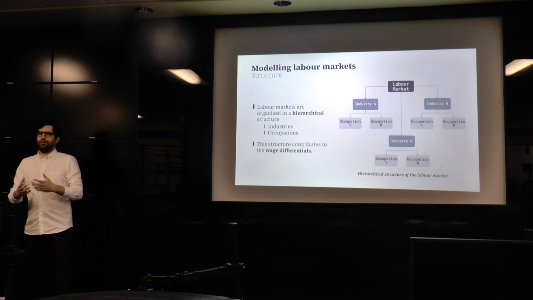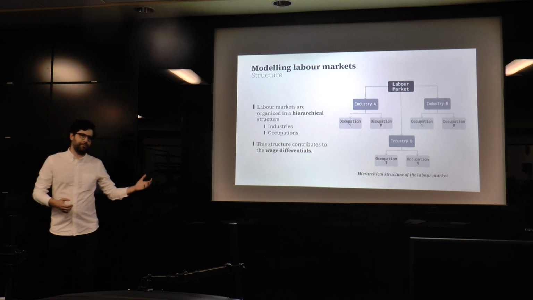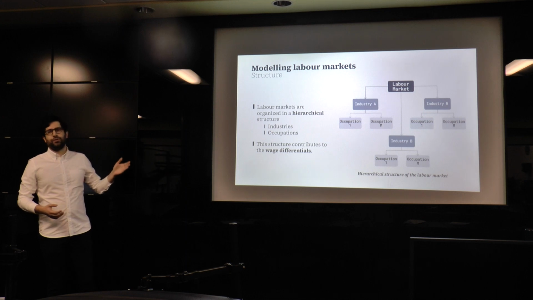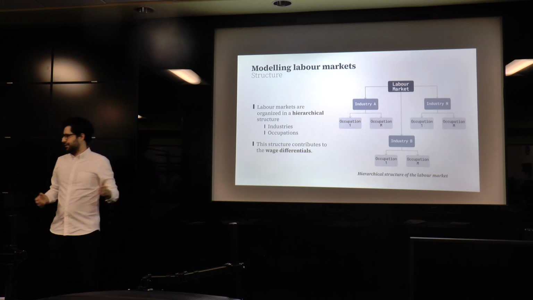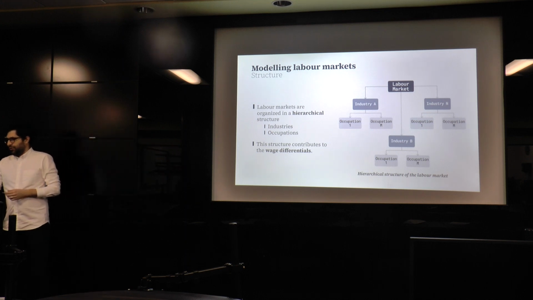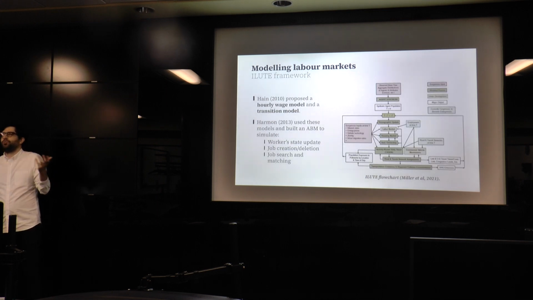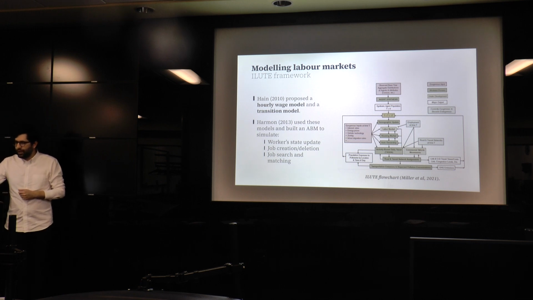That structure defines many attributes, both on the firms and on the individuals, but also contributes to the wage differentials. So we consider that this structure is really important to be included if we want to model labor markets.